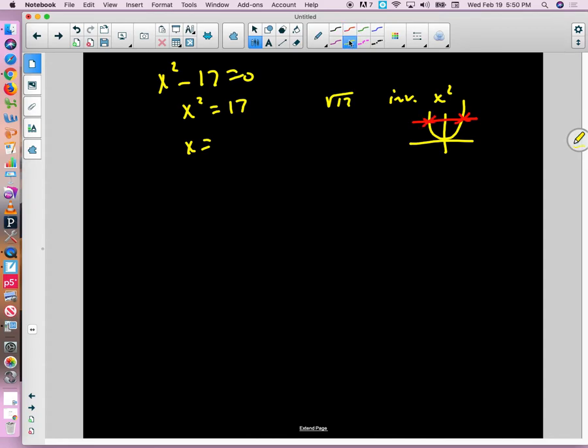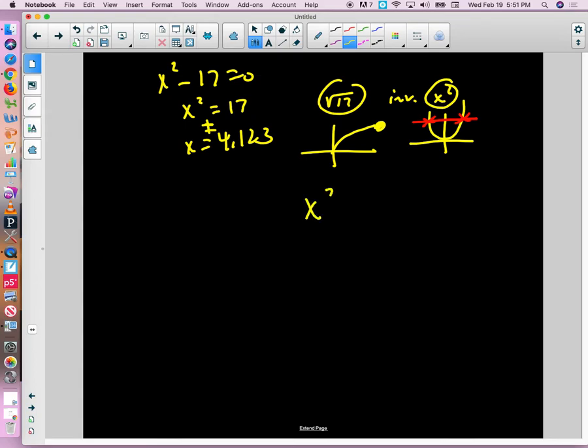But when I use the inverse of squared, the square root, it follows along only this part and gives me one answer, which is 4.123, but the answer is plus or minus 4.123. My point is, if I didn't know this, and I asked my calculator, it's only programmed to give me the positive one. It doesn't give me the negative one.